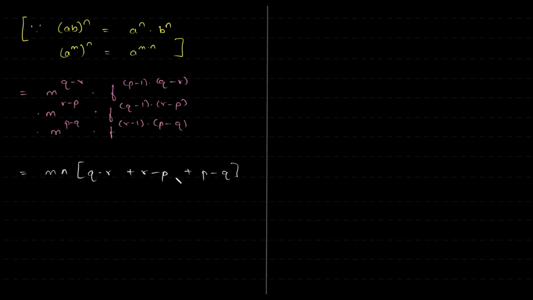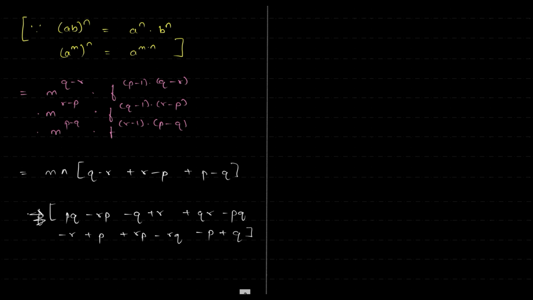M raised to the power of all of this, into F raised to the power of, I have to multiply all of this. So PQ minus RP minus Q plus R plus QR minus PQ minus R plus P plus RP minus RQ minus P plus Q. Again, this is raised to the power of.